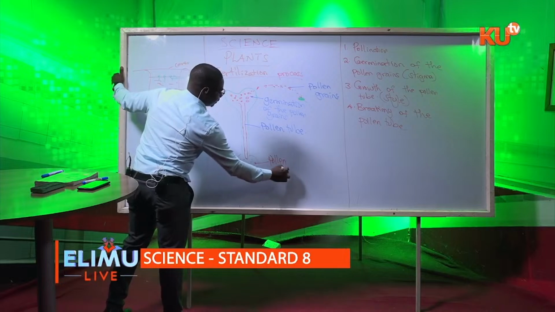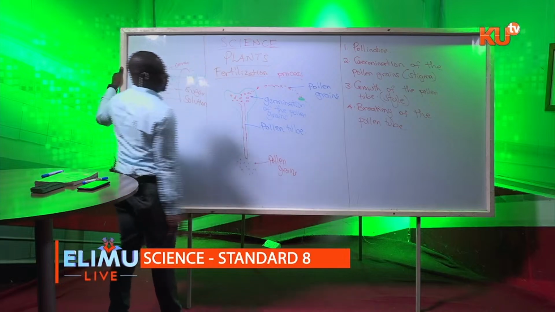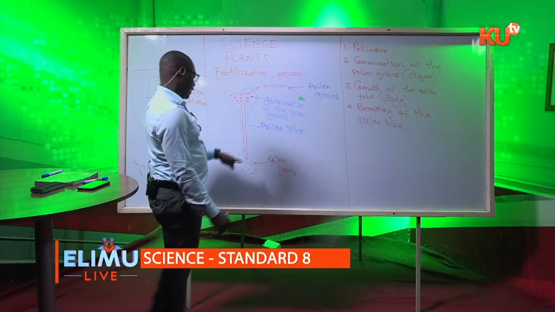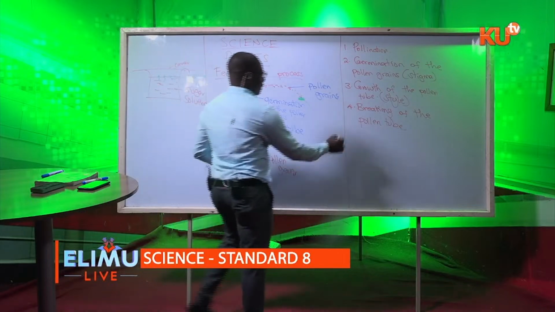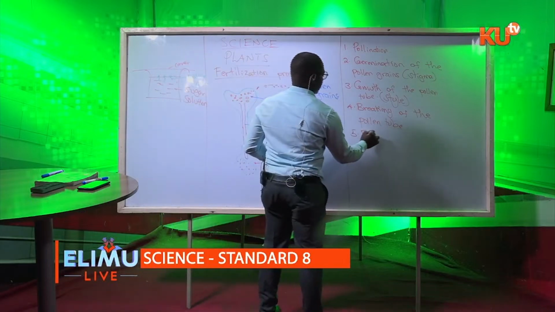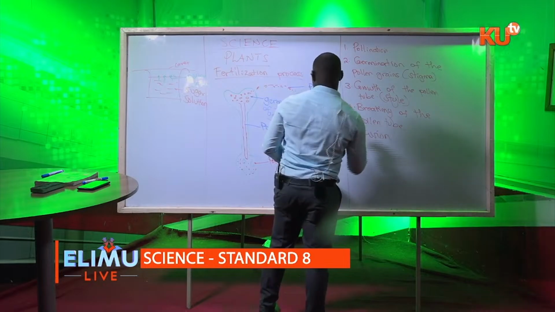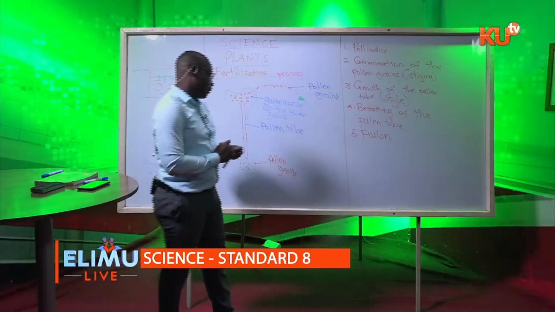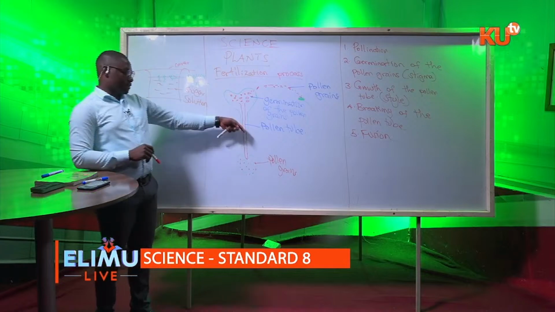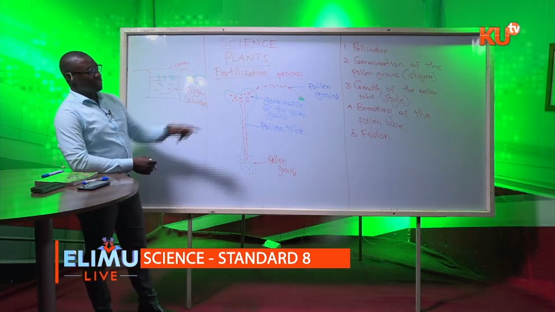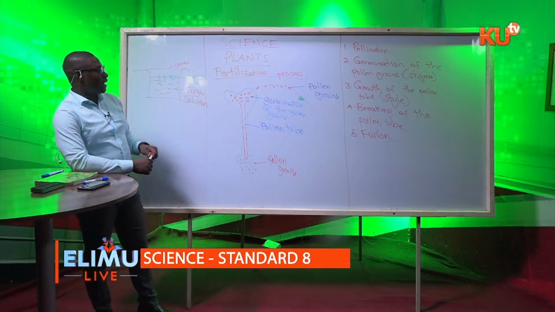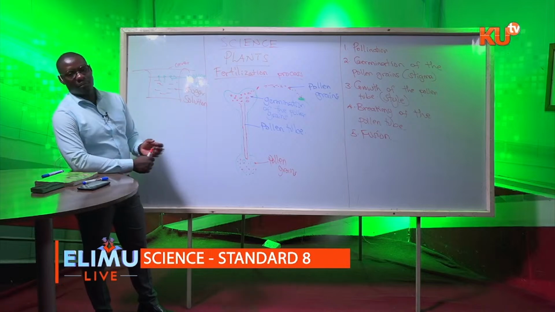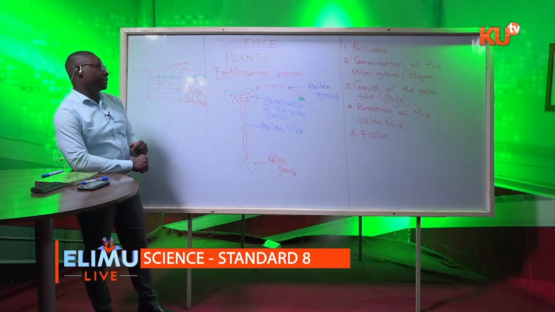After the pollen tube breaks, then we have fusion. Fusion is the coming together of the pollen grains and the ovary. At this point, we say fertilization has taken place, and that is the process of fertilization in plants.